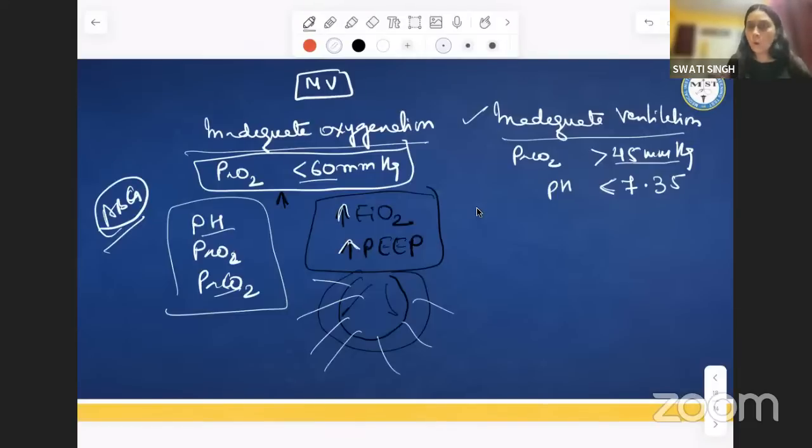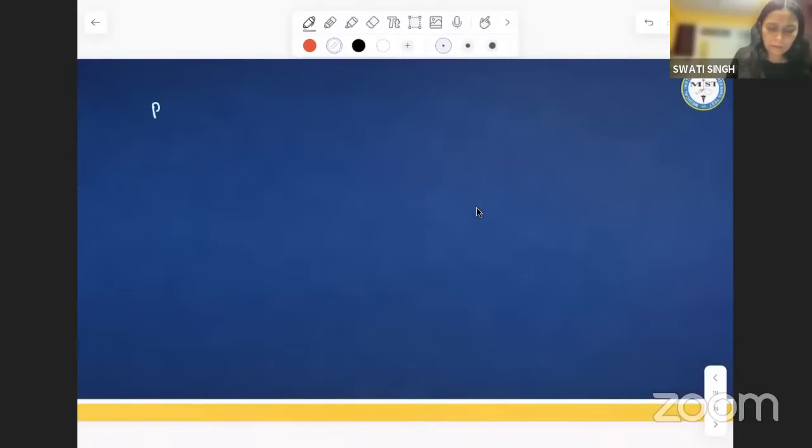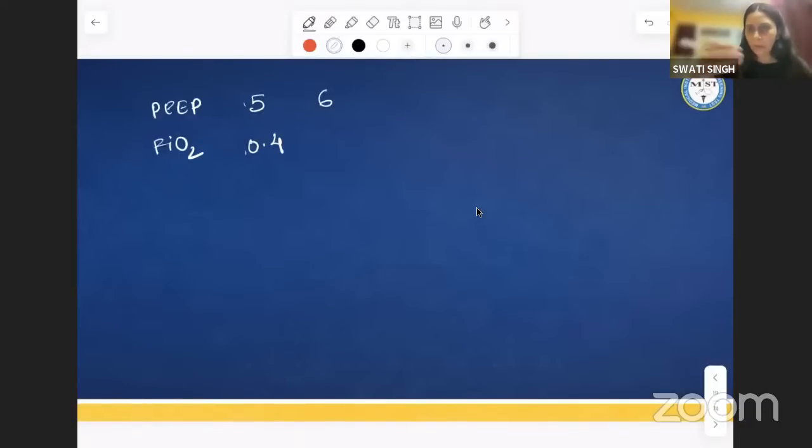Now, guys, what we do, we titrate at what minimum PEEP and minimum FiO2 there would be just adequate oxygenation. I would just make a small chart. How do we balance PEEP and FiO2? If the PEEP I have kept is 5, the balancing FiO2 should be 0.4. If I have increased PEEP to 6, the FiO2 which I would have increased parallelly to achieve the oxygenation is, let's say, 0.5.